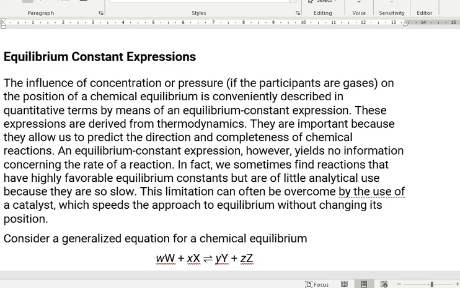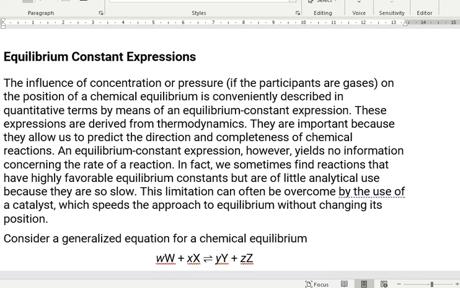Now, equilibrium constant expressions give us quantitative terms regarding the equilibrium state of our system. So, these are important because they allow us to predict the direction and completeness of chemical reactions.